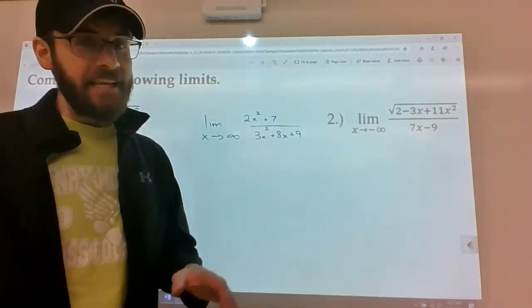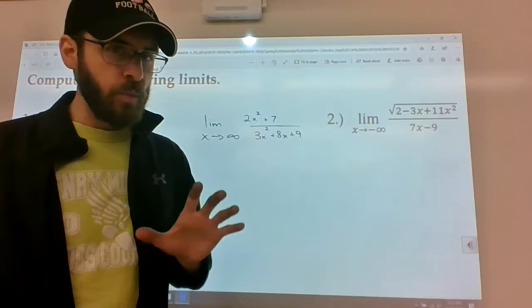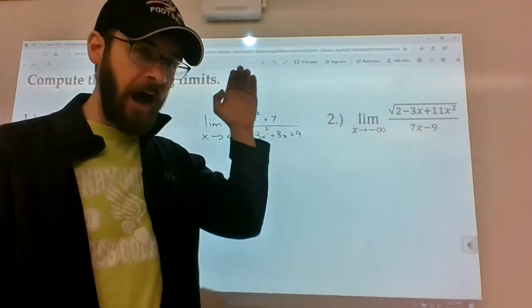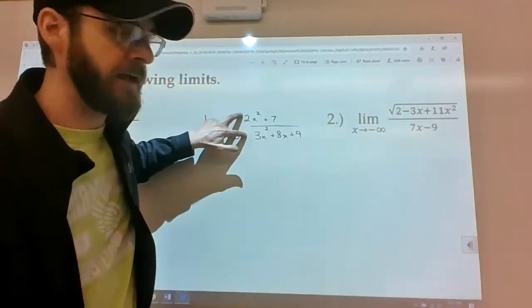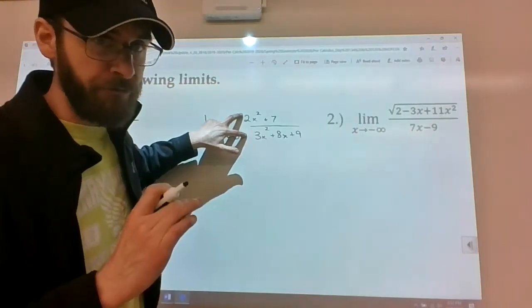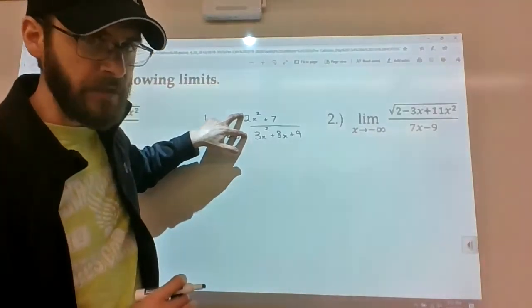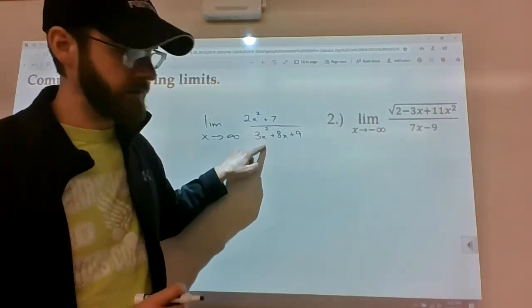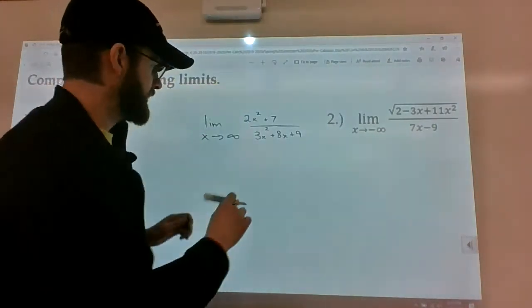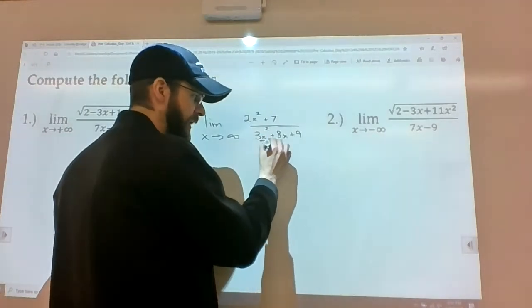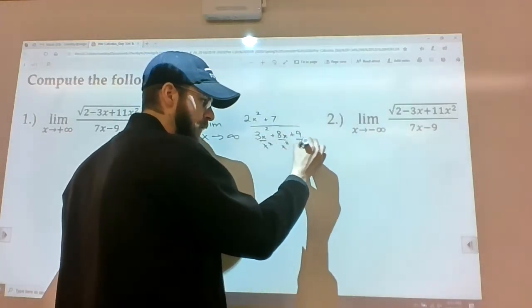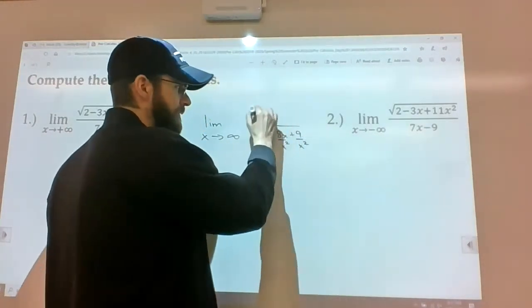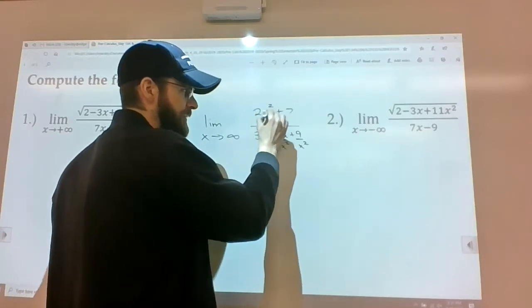If you'll recall, we divided both the top and bottom of this fraction by the biggest power from the bottom. The biggest power from the bottom was x squared, so I would divide this by x squared, this by x squared, this by x squared, and everything on top by x squared.